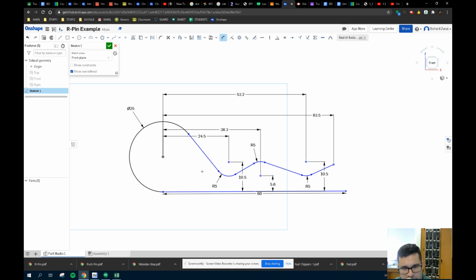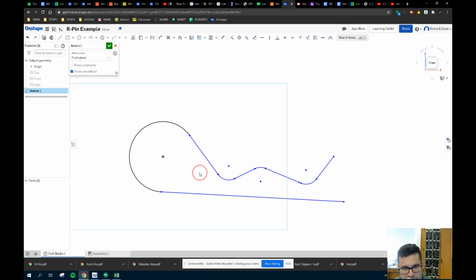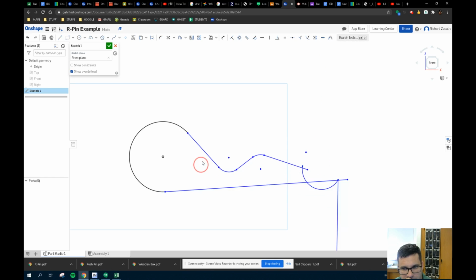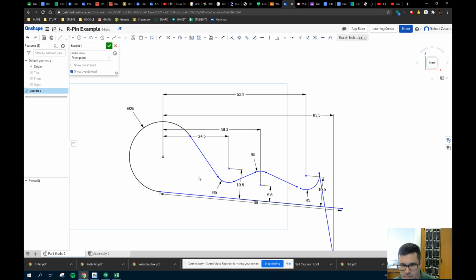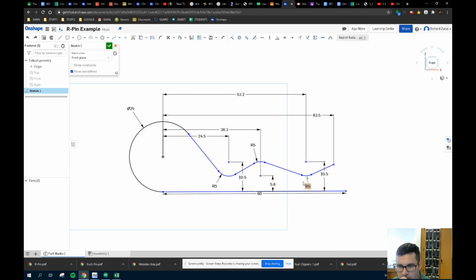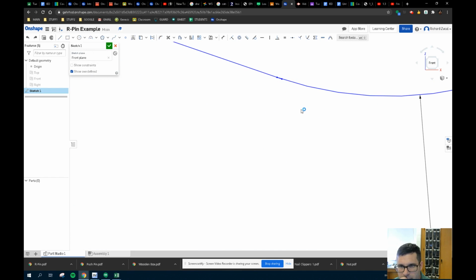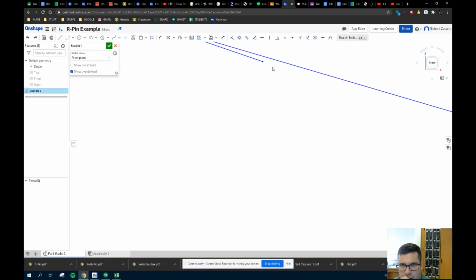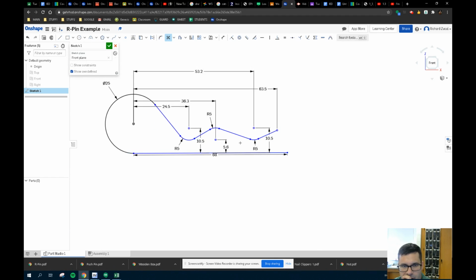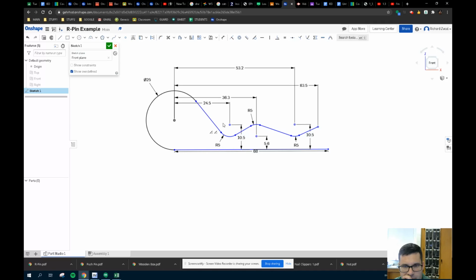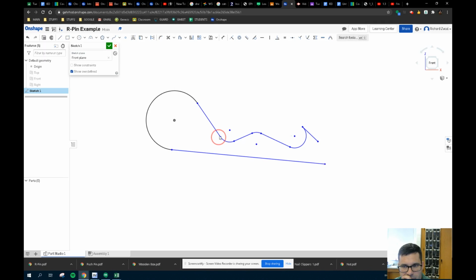Why is this line segment not fully constrained? Can I drag it? I can. Oh, they're not connected. That's bad. So that needs to be connected by trimming that. Okay. See how sometimes moving stuff around tells you what's what?